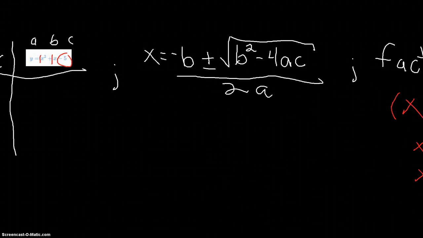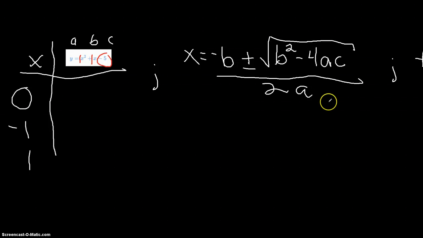Alright, so let's go back to the first part, and we'll just set up a table of values here. Let's say x equals 0. So we'd have 0 squared is 0, plus 0 is 0, minus 5. So we would have minus 5 over here.